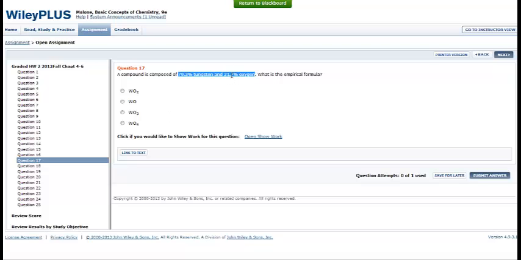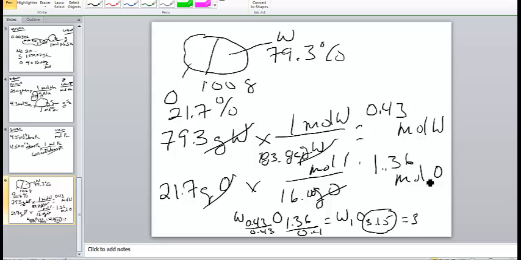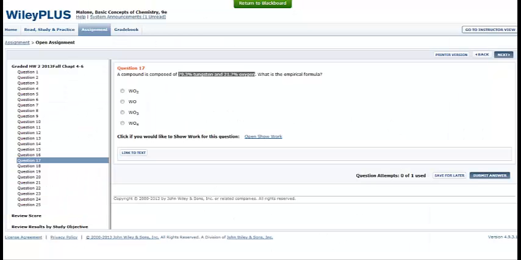That's supposed to be 20.7. That's beyond what I expect you to know, but if we go back to our rules, we look at W and O, 3.15. It's within 5% of the whole number being 3, so we call that WO3.